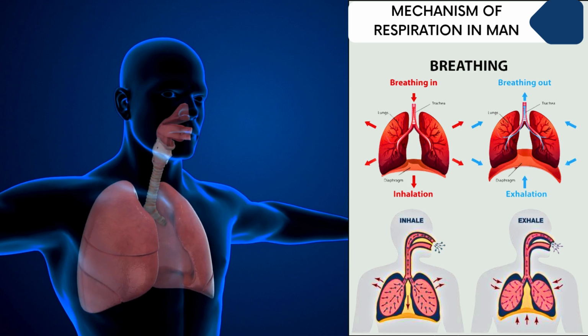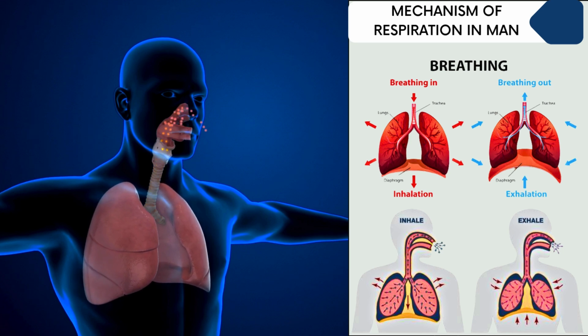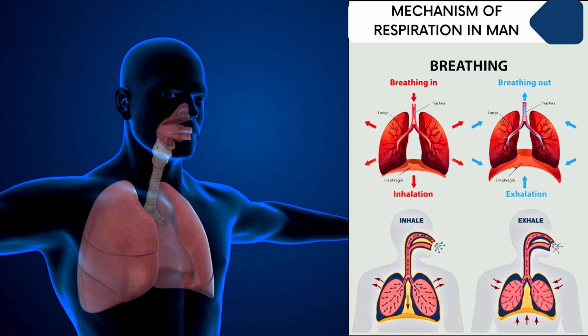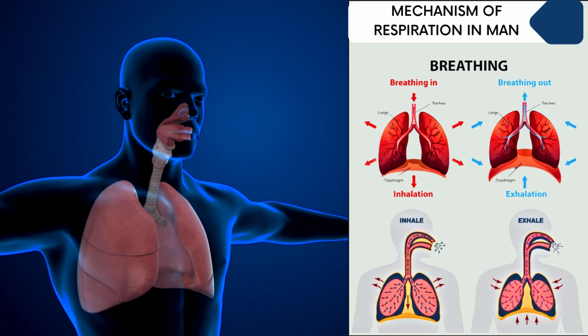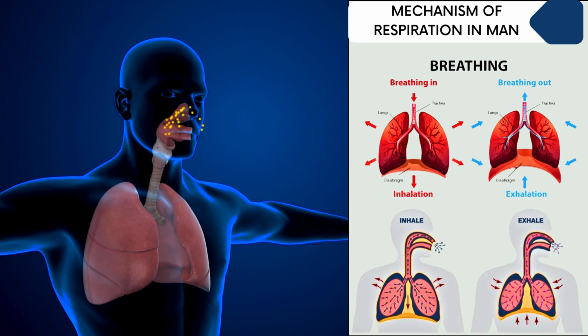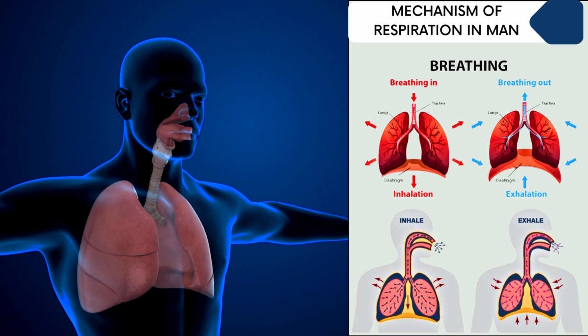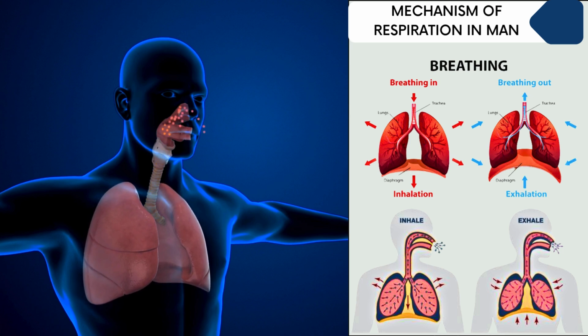Let's look at the process of inspiration or inhalation in man. In this stage, the following processes are involved. 1. The thoracic cavity first increases in volume as a result of air pumping into it. The diaphragm then contracts and becomes flattened.